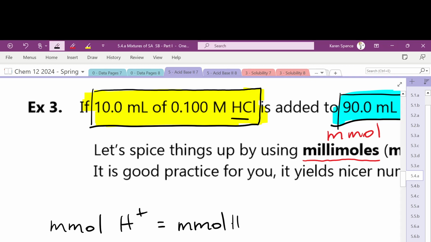HCl. Okay, now do you guys remember what the word "of" means? Of means multiply, times. Of means times.